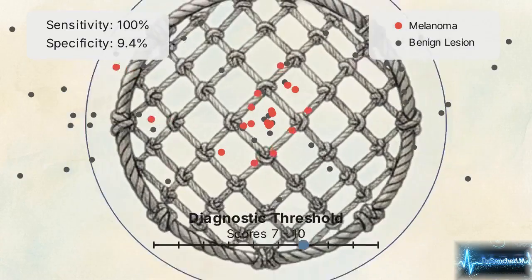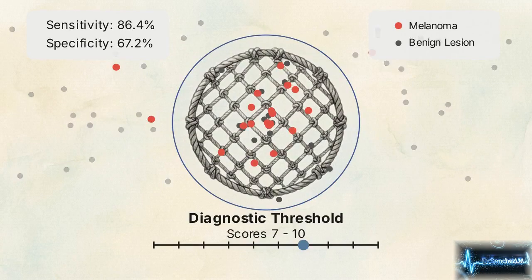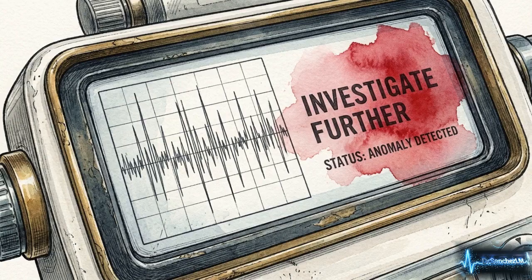Adjusting positive scores to 7 through 10 balanced the scale, bringing sensitivity to 86.4% and improving specificity to 67.2%. This intentional statistical imbalance is perfectly suited for a triage tool used by general practitioners, whose job is deciding whether a patient needs a specialist. A triage device doesn't need to be perfectly specific. It must be highly sensitive to ensure no deadly cancer ever slips through the cracks.